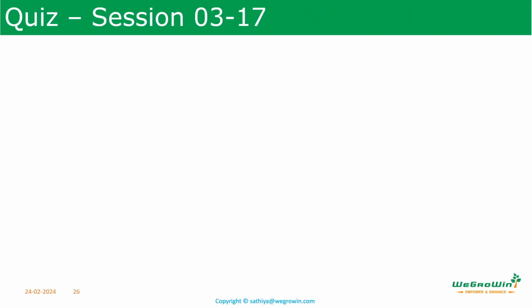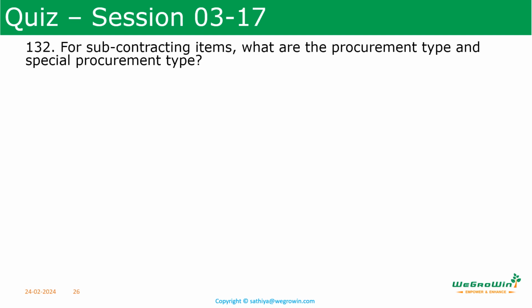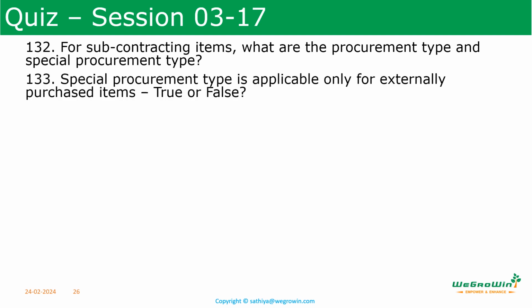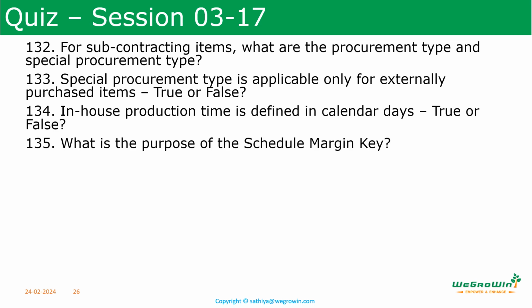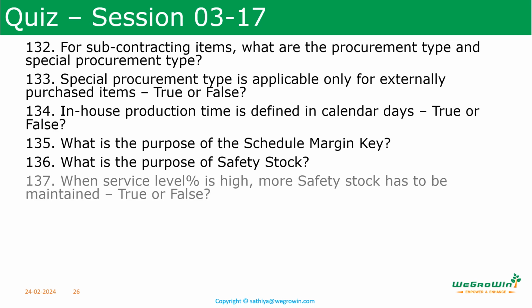Okay, let us refresh our understanding with some quiz questions. For subcontracting items, what are the procurement type and special procurement type? Special procurement type is applicable only for externally purchased items, true or false. In-house production time is defined in calendar days, is it true or false? What is the purpose of schedule margin key? What is the purpose of safety stock?